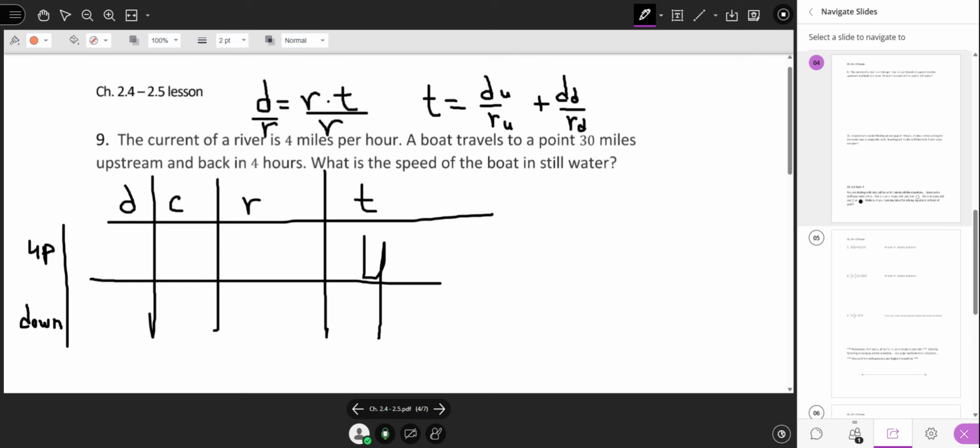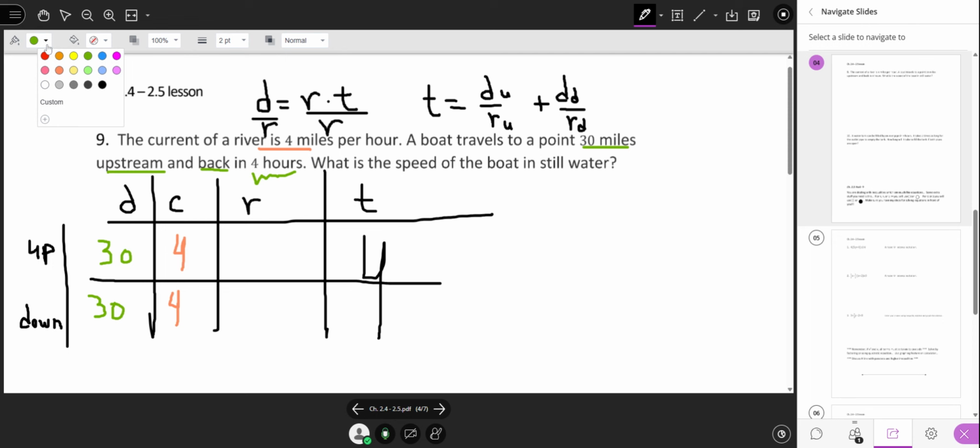So, the current is 4 miles an hour. Current is 4. A boat travels to a point 30 miles upstream and then back in 4 hours. So 30 miles upstream, 30 miles back downstream.